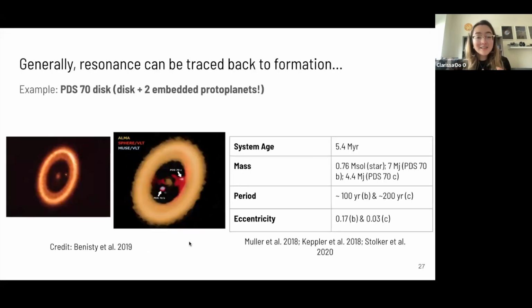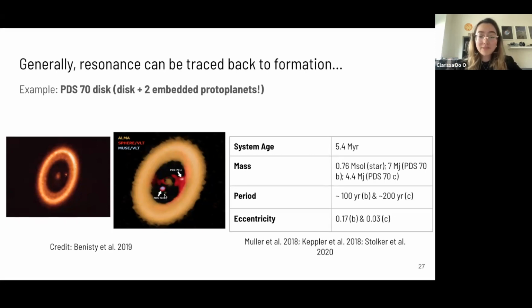And one interesting thing about this is that with direct imaging, we can trace that back to formation. I wanted to give this very specific example of the PDS-70 system, where we see formation happening live, right now. This system is very young. It's 5 million years old, and it has a protoplanetary disk, but it also has 2 embedded planets in the disk that are forming right now.